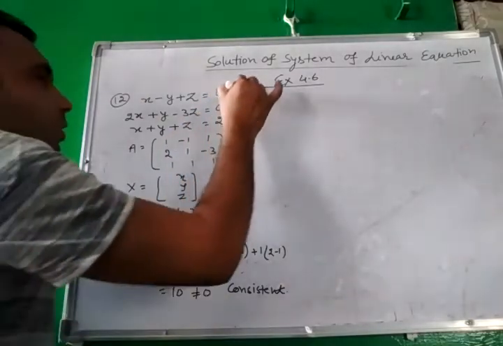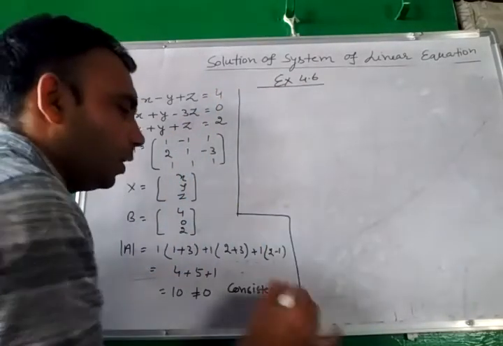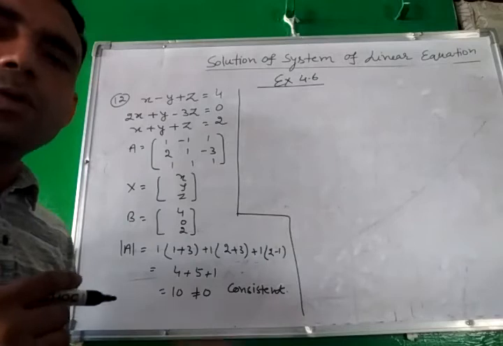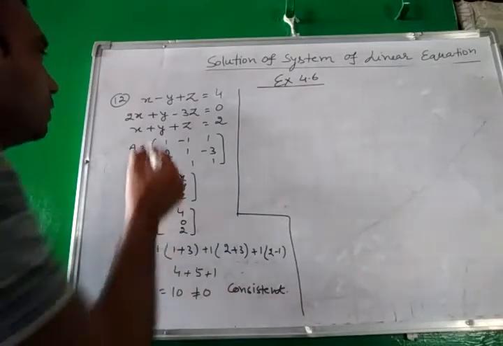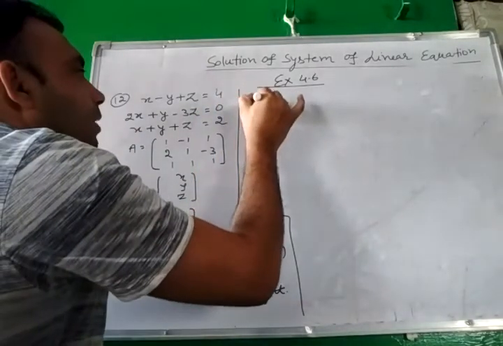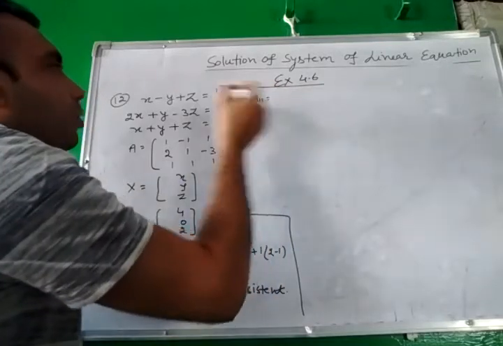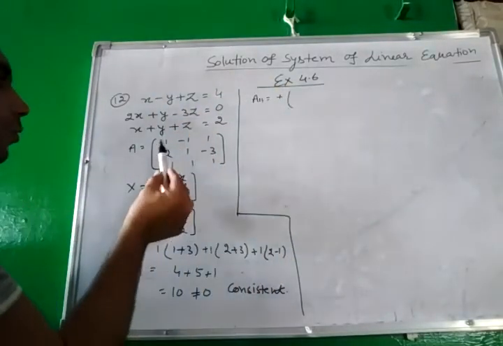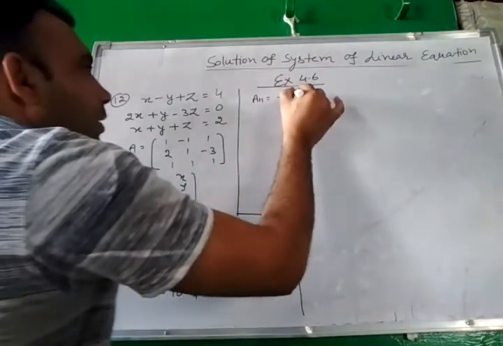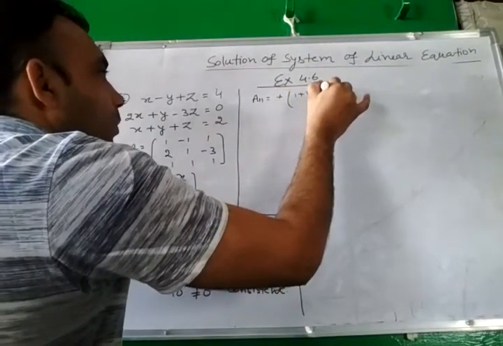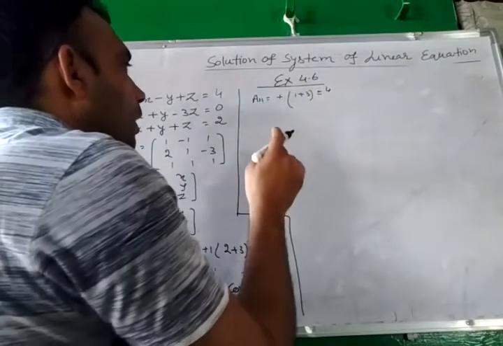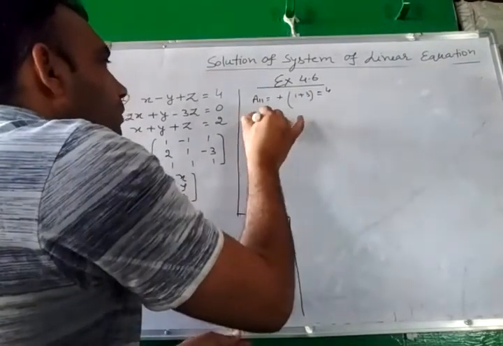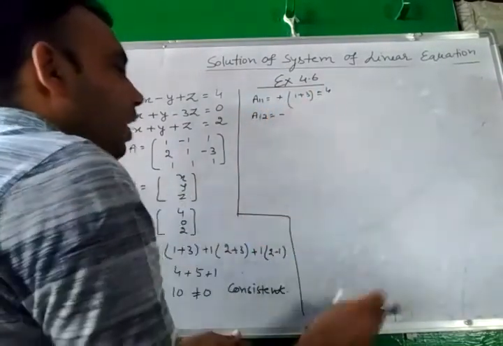For A inverse, we have to find adjoint of A, and for adjoint of A, we have to find out cofactors. Cofactor of A11: 1, 1, sum 2 implies plus. What is it? 1 plus 3 implies 4. Again A12: 1, 2 implies minus.